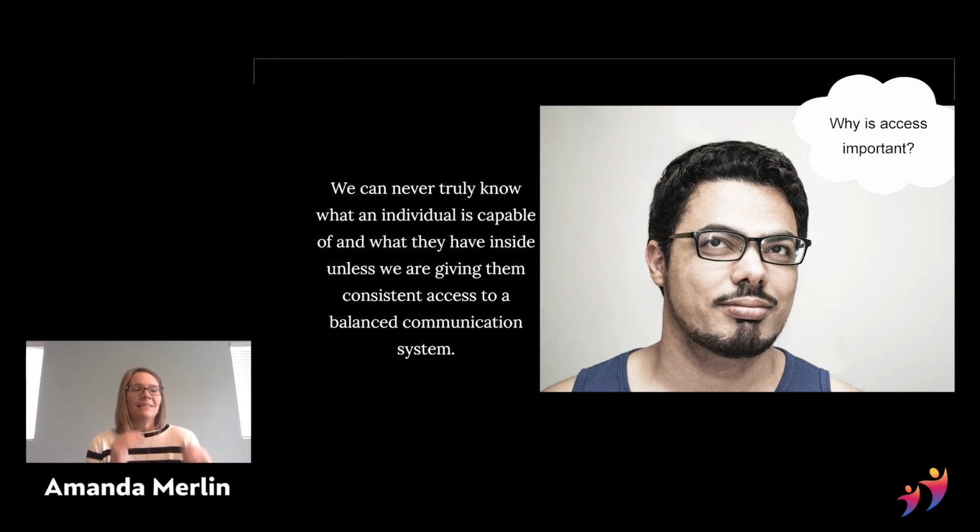We get stuck in this loop. So people start to presume they're less intelligent, and then they're not given access to AAC because they haven't proven that they're smart enough to use it. So it becomes this bad loop. They appear they can't understand, so they don't get the AAC system.